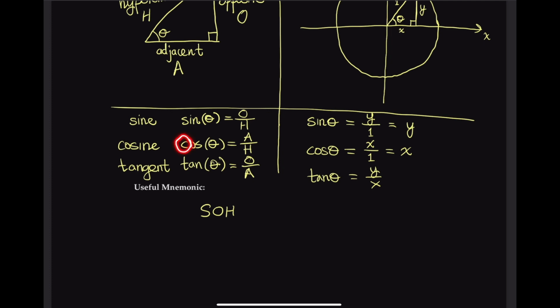We look at the first letter and A over H, so we'll have CAH. And then we look at the first letter of the third, that's T, and then we'll have O over A, so that's going to be TOA. So sometimes people like to remember these as using SOHCAHTOA.